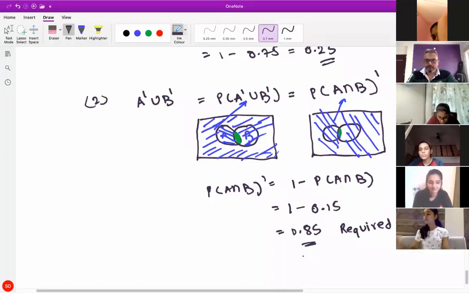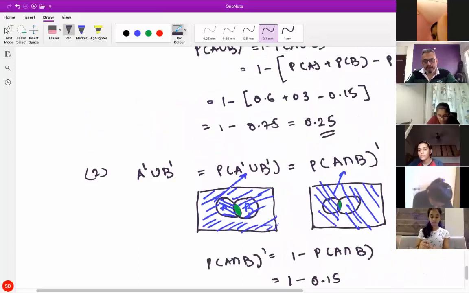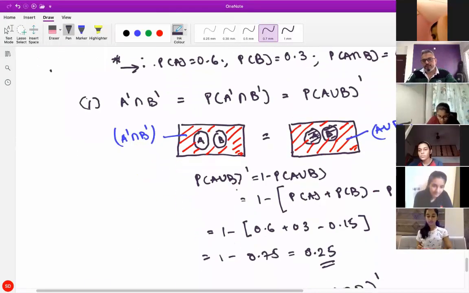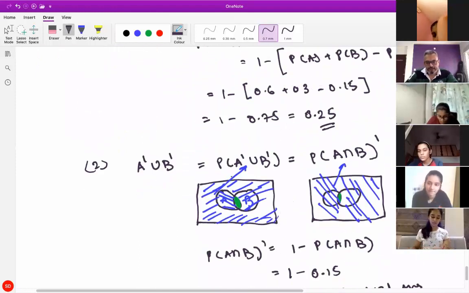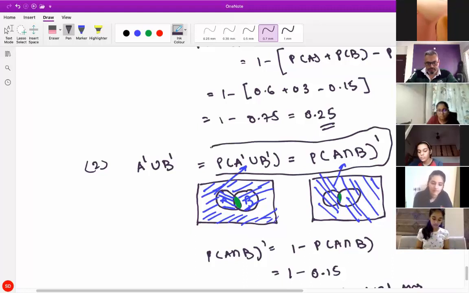Understood this? Now you don't need to do Venn diagrams at all. This is just for your understanding. You may directly remember this formula. Got it? Just highlight it.